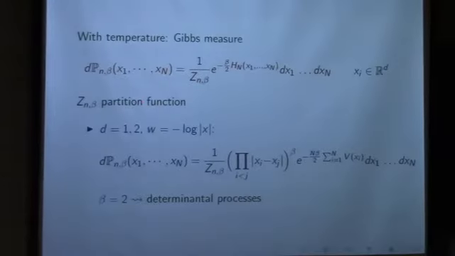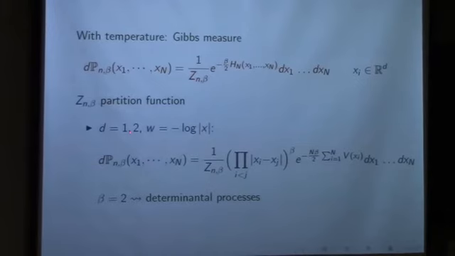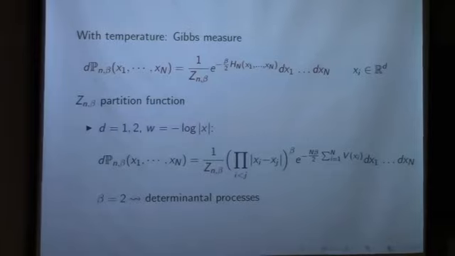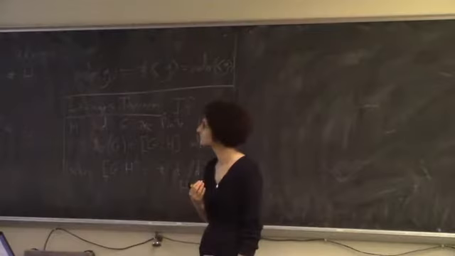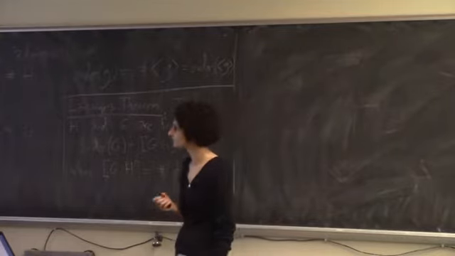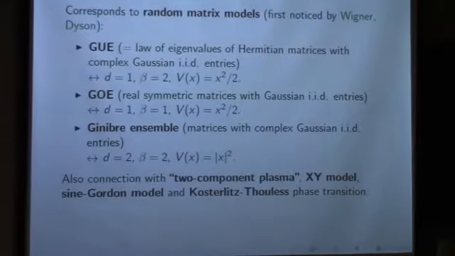Okay, so these particular ensembles, when the interaction is logarithmic and dimension is 1 or 2, they also encounter a lot of interest from the random matrix community because they correspond to random matrix ensembles. So what are the random matrix models that I'm talking about?